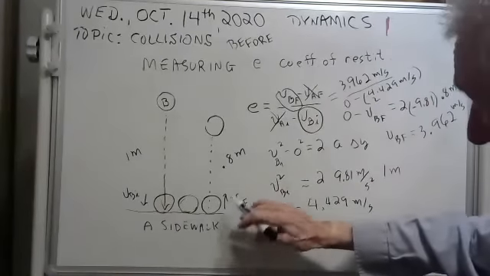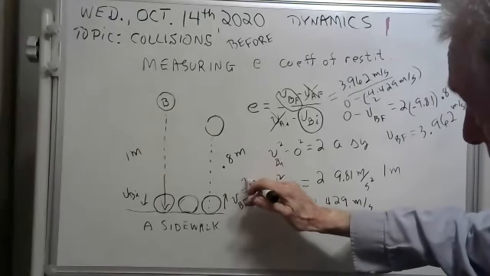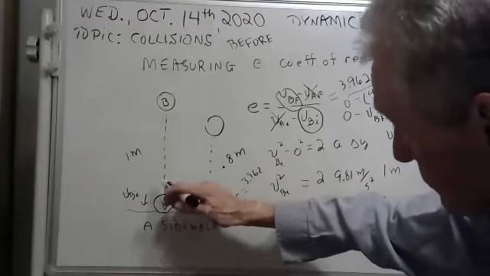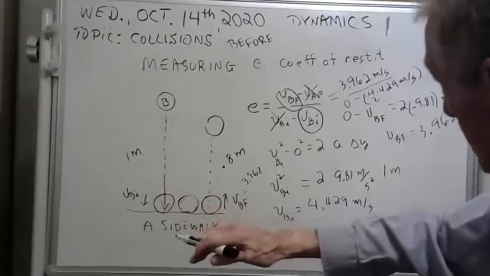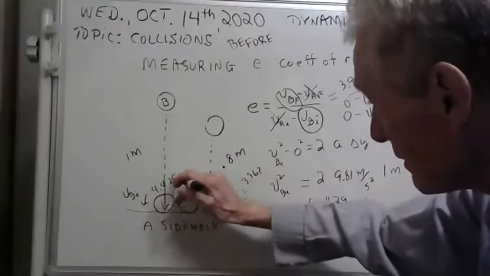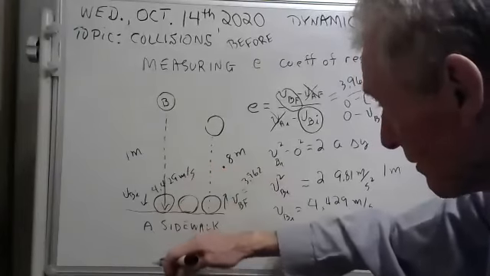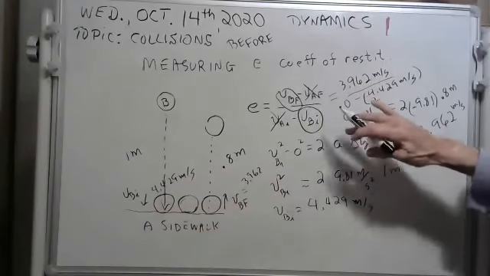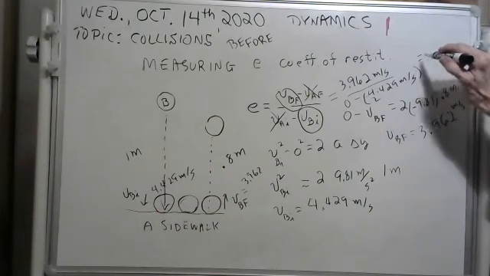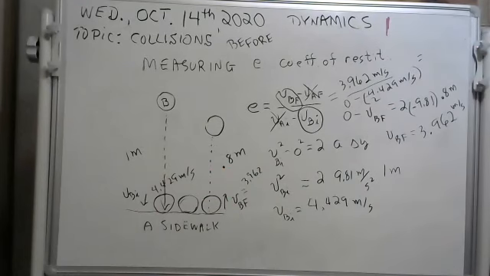This thing takes off with 3.962, but this thing's coming in with 4.429 meters a second, but it's going down, which would be negative. And so here we go, we'll get our coefficient of restitution.